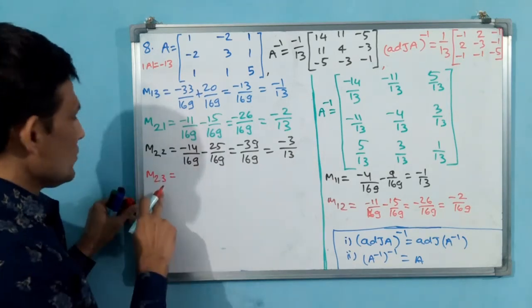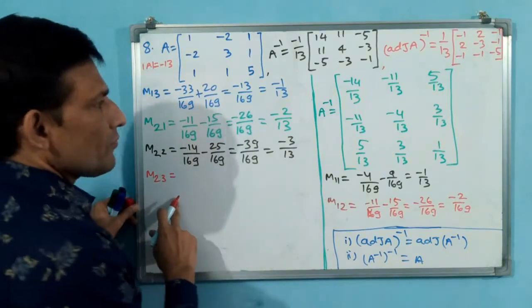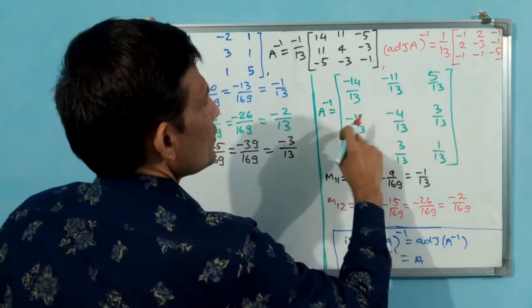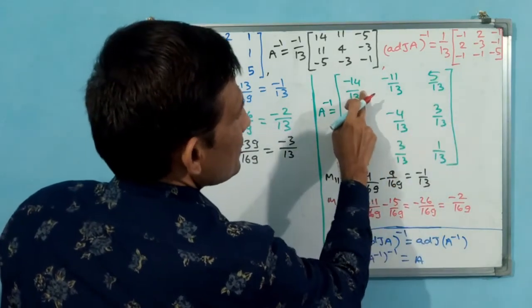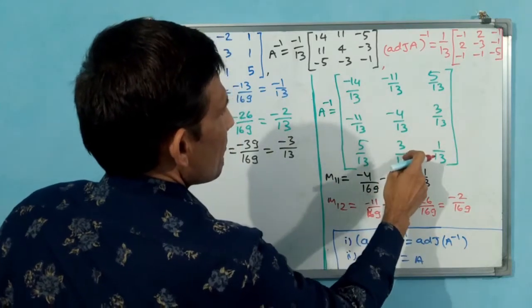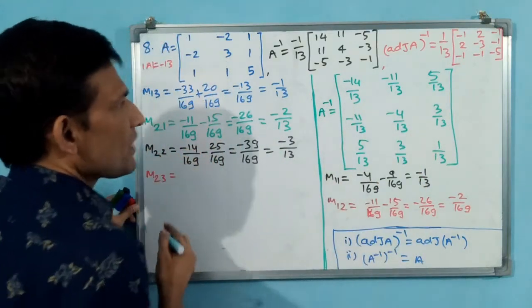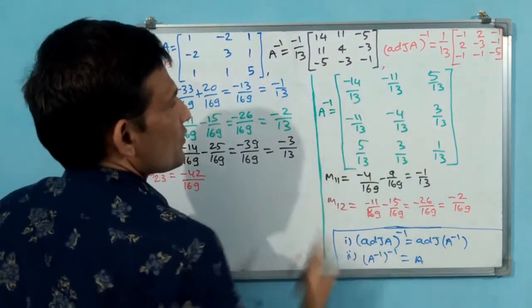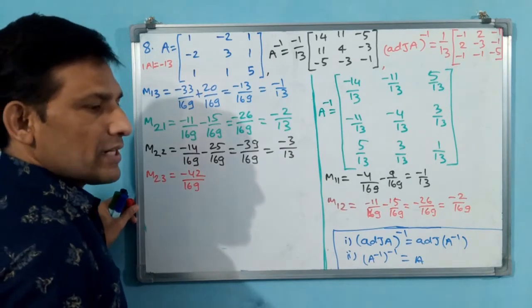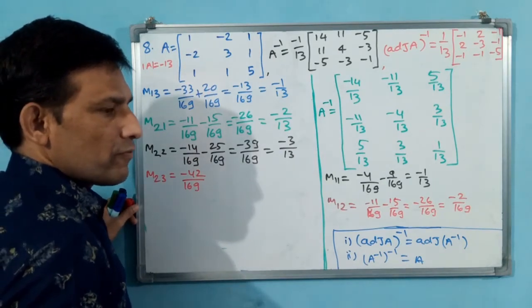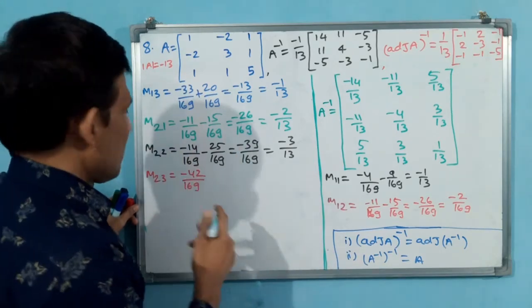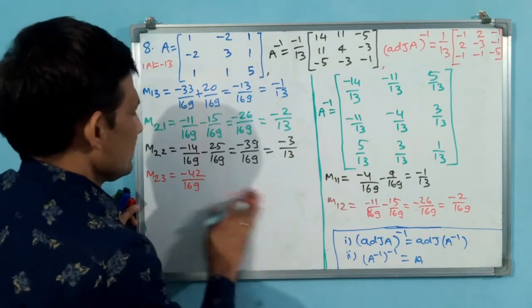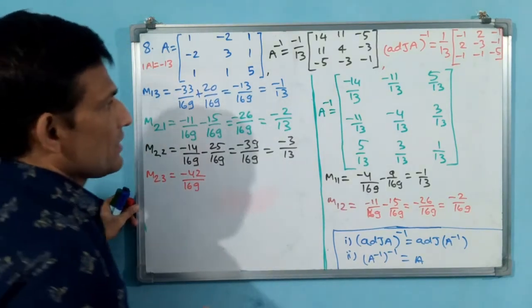M23. You are closing 3 by 13. If you close this, automatically you see 14 into 3, 42, so minus 42 by 169. 42 is correct: 3 fours are 12, 3 ones are 3, so 42.